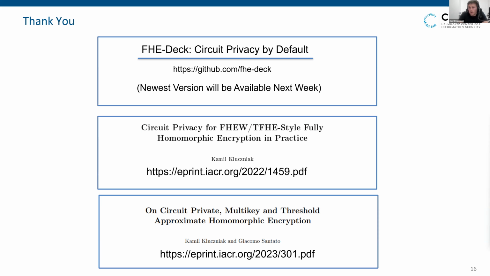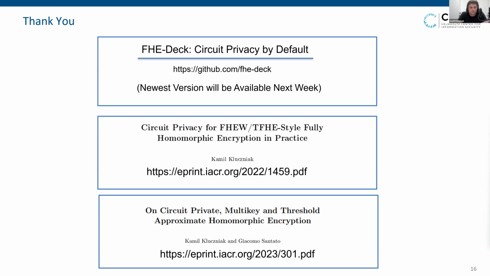From this talk, remember that the definition of circuit privacy required correct computation. CKKS, by definition, is not correct; it's approximate. So the first thing we had to do was give a meaningful definition of circuit privacy in this case.